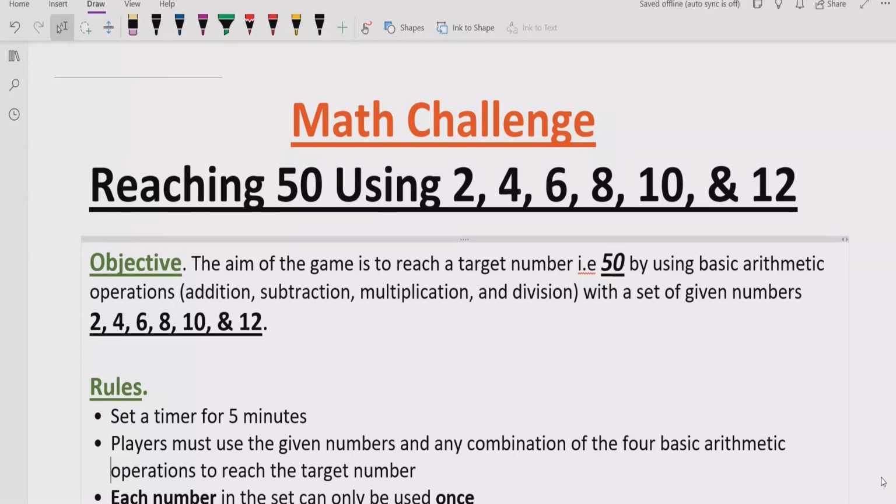But this is not a simple task. We have some rules here. You have 5 minutes to solve the challenge. The player must use the numbers given in the set, and you can apply any combination of the four basic arithmetic operations to reach the targeted number.